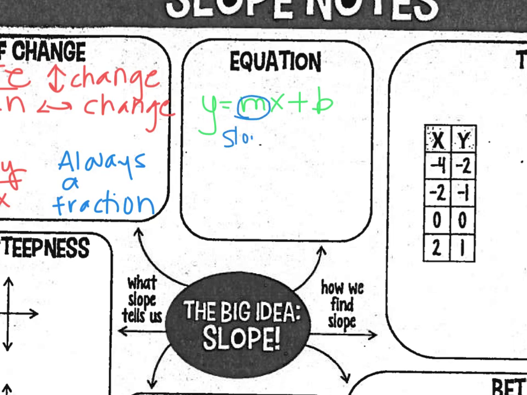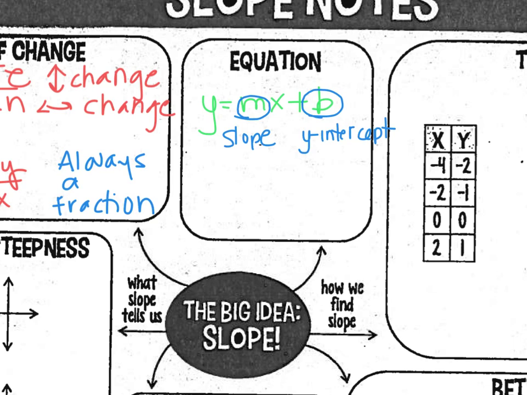Exactly, it means slope. So the slope of the line is always hiding in front of my x and being multiplied. This new piece is this b. The b is actually the y-intercept, where the graph intercepts my y-axis. That's what a y-intercept is.